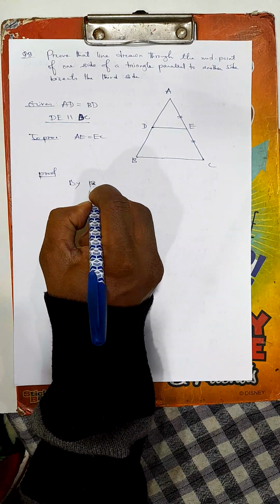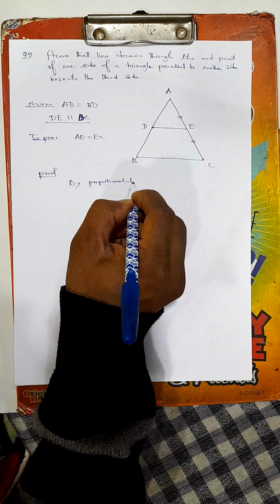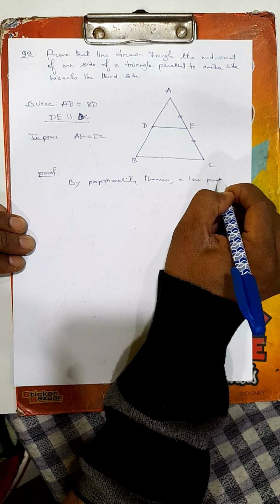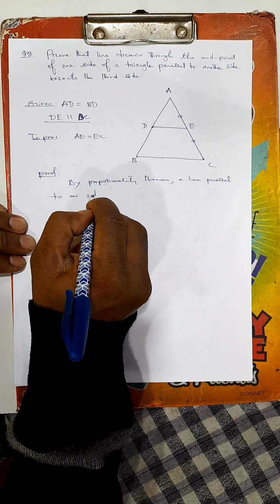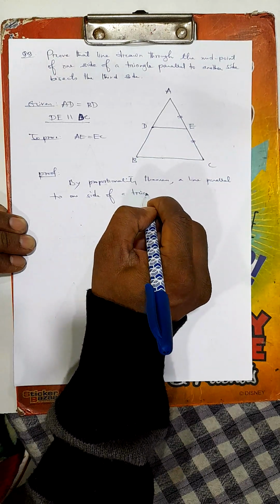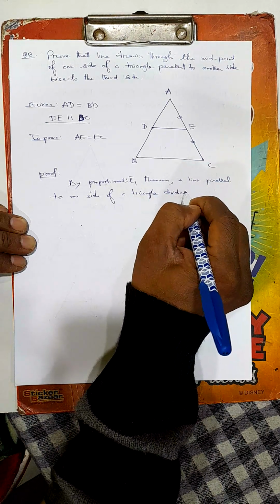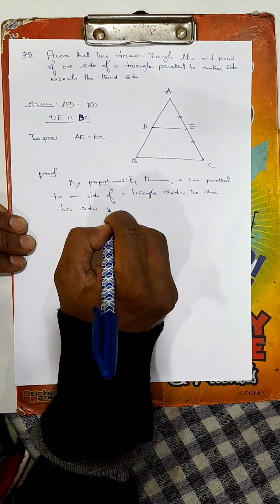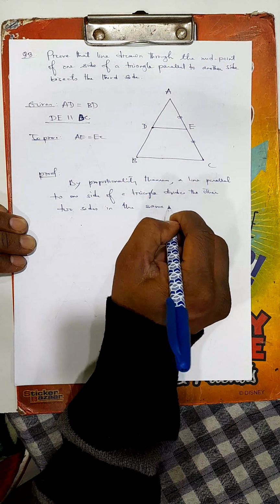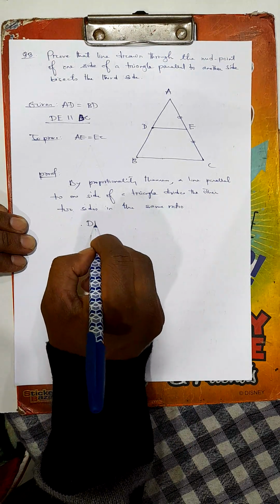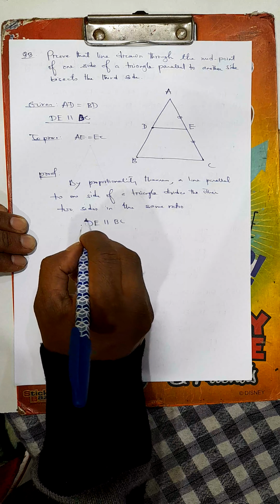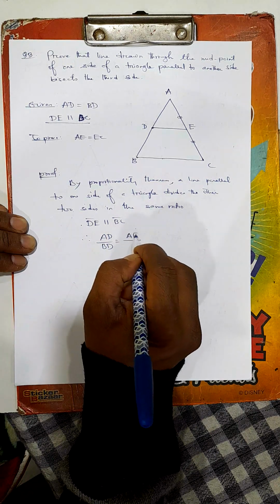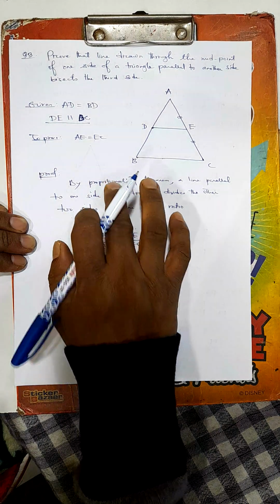By construction DE is parallel to BC. Therefore AD by BD equals AE by EC. This is by proportionality theorem.